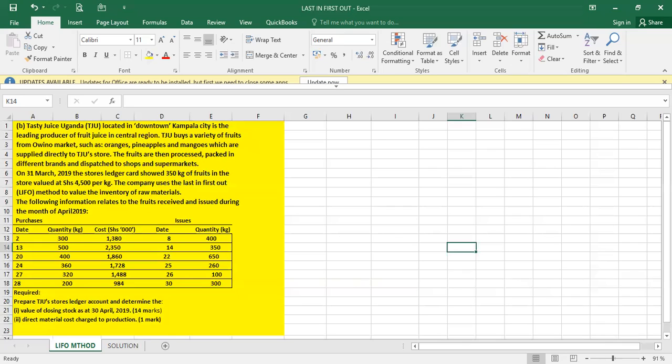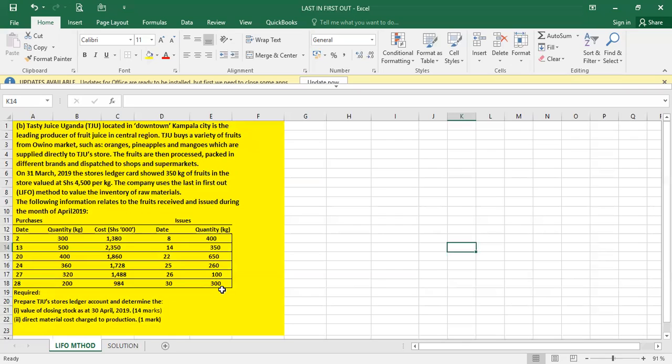So they have given us the data here. We have the purchases, we have the issues, and you have the unit cost, the total cost, and the units we purchased plus the units we issued out at different dates.